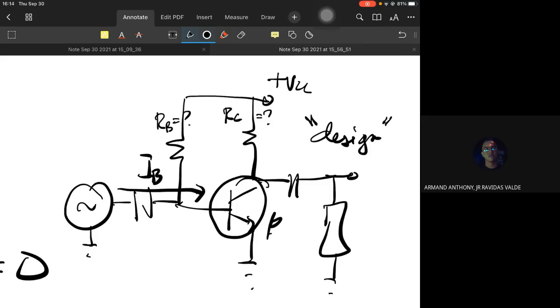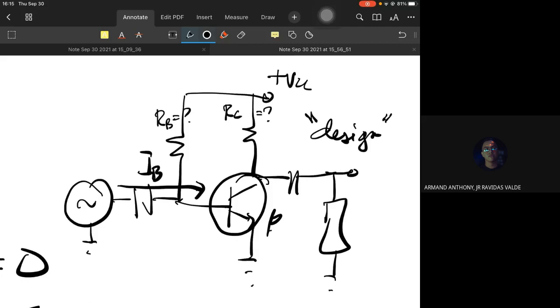Basta if resistor, ang value na gani sa mga components ang unknown, isa na siya sa mga timailahan nga design problem ni siya kay kuan, no? Unknown ang components. And basta inga na gani, sometimes ba dili posible nga lahi tag answers, no? Posible nga lahi answer ni.